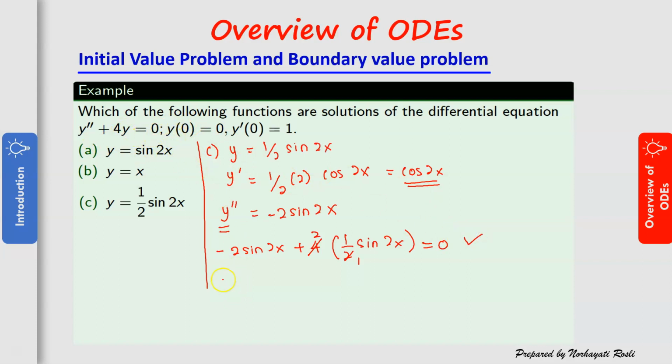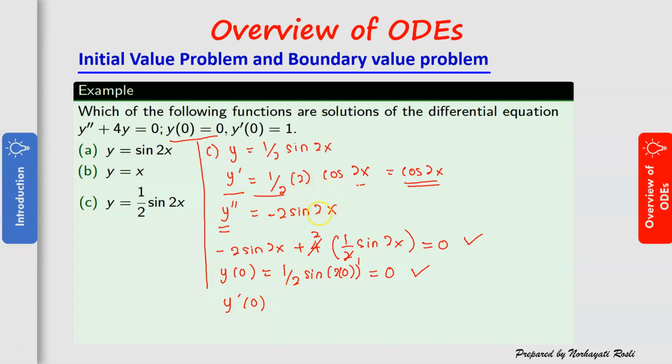Now we check for y(0), is it equal to 0? Y is given by this equation. So when x equal to 0, this x we need to substitute with 0, which is equal to 1 over 2 sine 2 times 0. So here sine 0 is equal to 0, meaning this one equals 0. It fulfills this initial condition. Now let's check for y prime(0). Y prime is given by this equation.